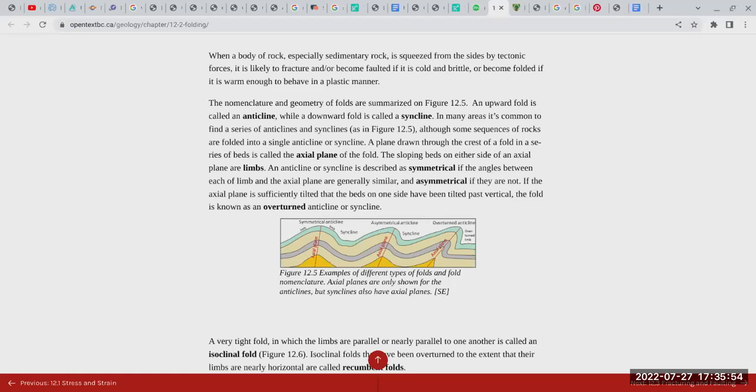Anybody can relate to that? Yes, sir. That is the fold. So at this point in time, none of you should have a difficulty identifying a fracture, a fault, or a fold. The fold takes place when you have that sort of plastic matter. When something is cold or brittle, fracture.